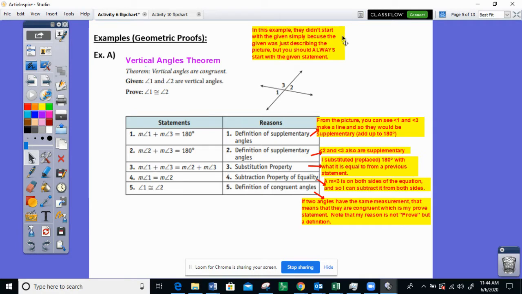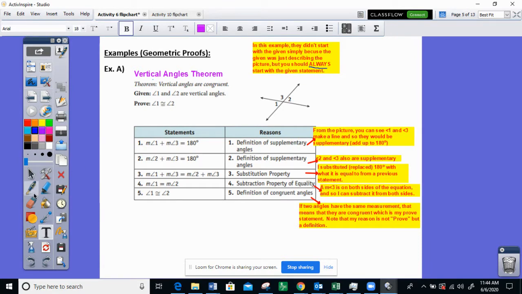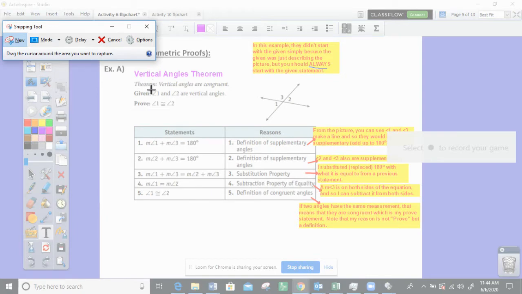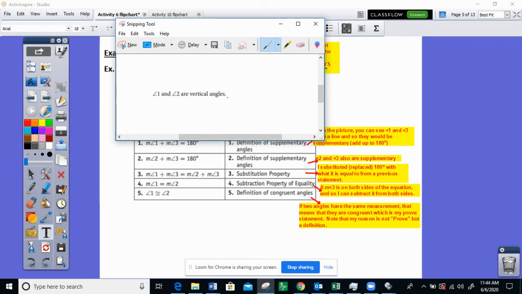Now, in this example, they didn't start with the given because the given was describing the picture. That is abnormal. You should always start your proof with the given statement. Okay? In fact, I'm going to do that up here to underscore that point, we're going to write that angle 1 and angle 2 are vertical angles.